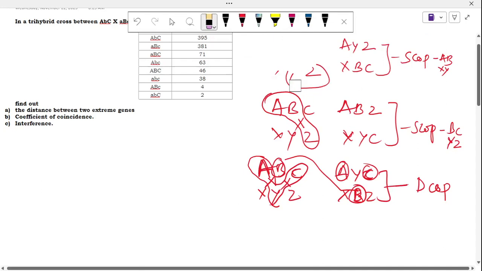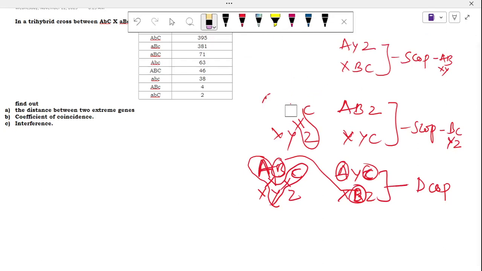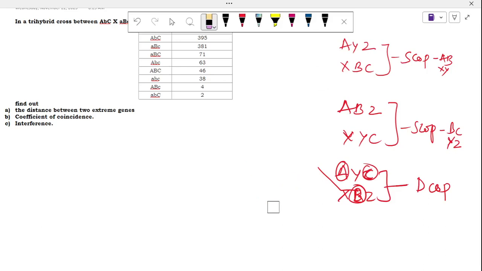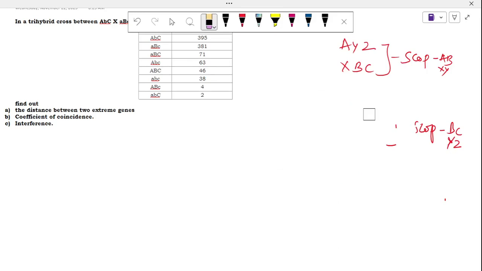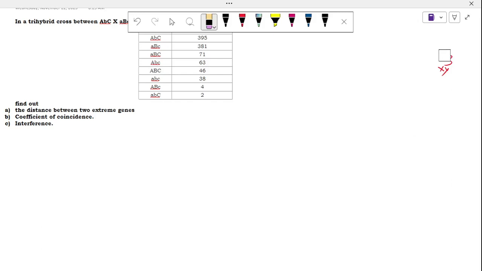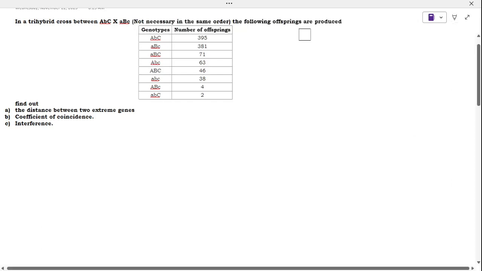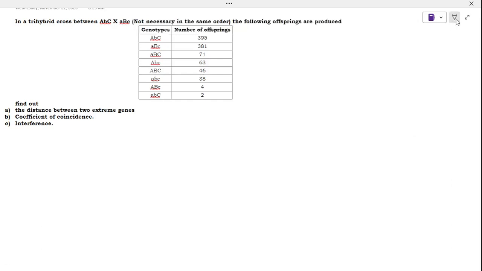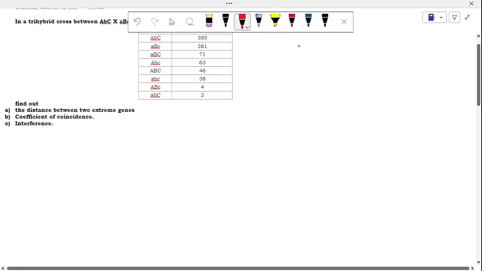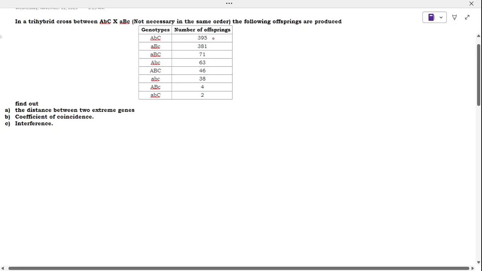We'll start with this first, then move on to find the parental combination and double crossing over products, and then from the double crossing over product we'll find the pattern of arrangement of the parental combination, and then we'll find the distance between the extreme genes. As is familiar, the parental combinations will be more numerous, so we can easily call them parent 1 and parent 2.